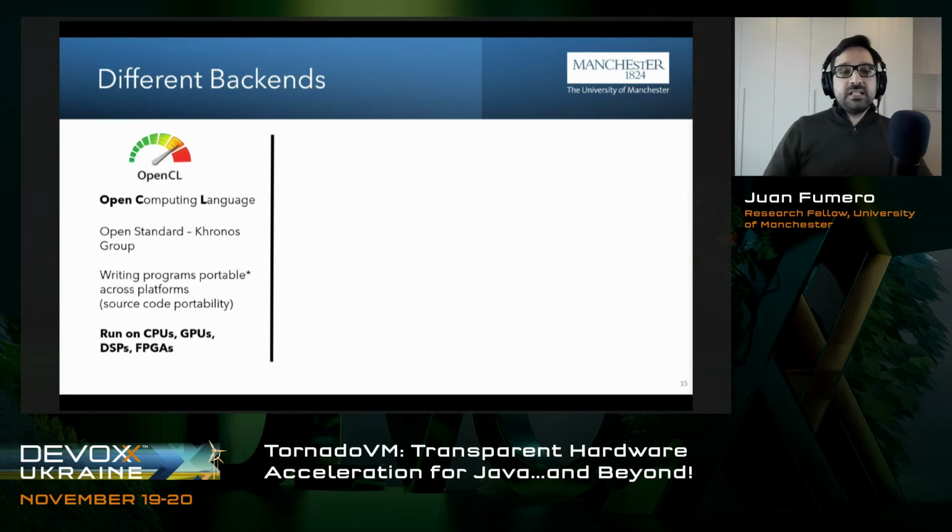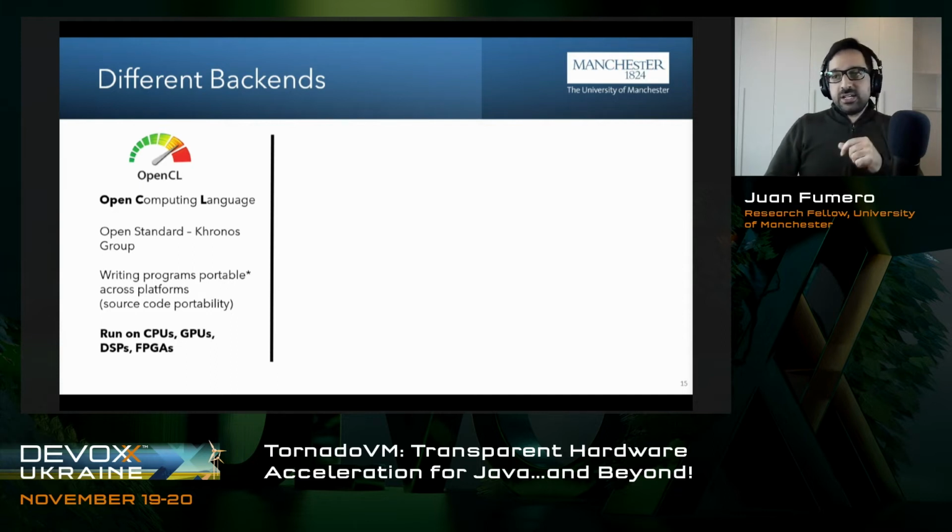OpenCL stands for Open Computing Language, and basically this is a standard developed and maintained by the Khronos Group. It was proposed back in 2009, and they define a standard way to write compute kernels and run them on a wide set of devices: CPUs, GPUs, FPGAs, and so on. So the code is portable because the same source can run in many different places.